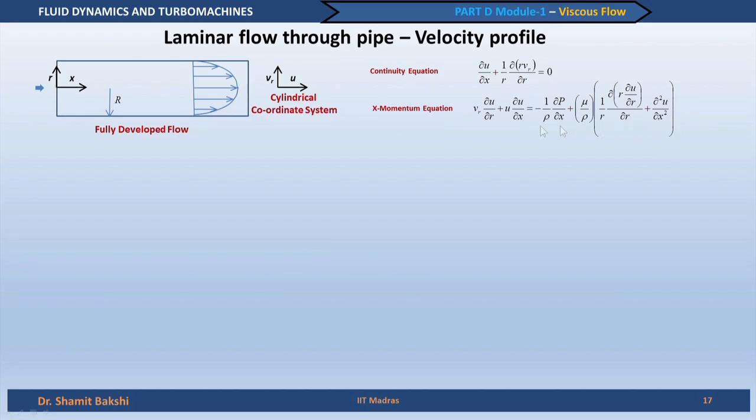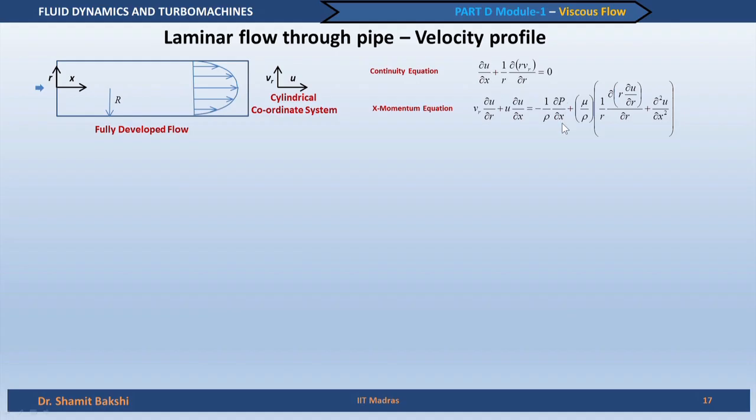If you look at the x momentum equation, you have the convective term like it appeared in the case of the Cartesian system, like Vr del del r of u and u del del x of u. This particular operator is operating on the velocity u.